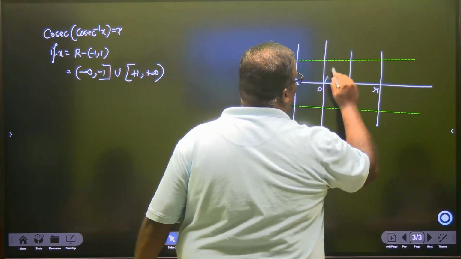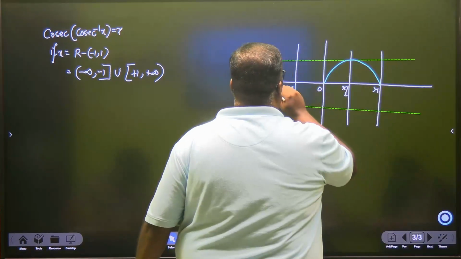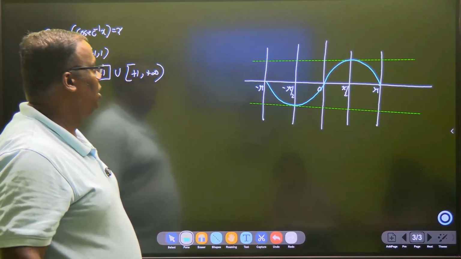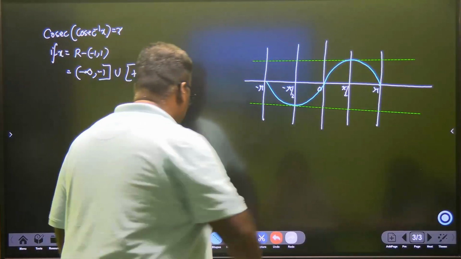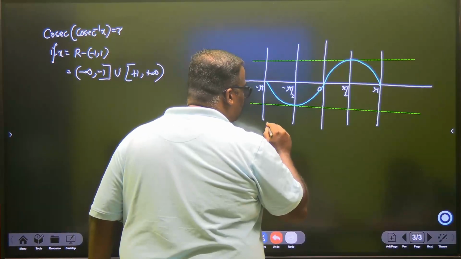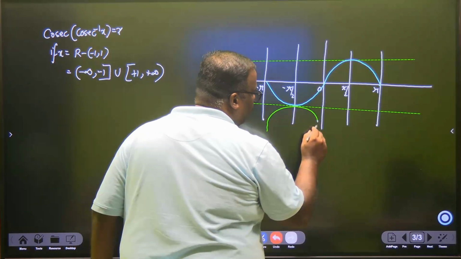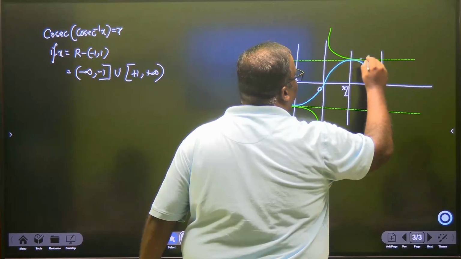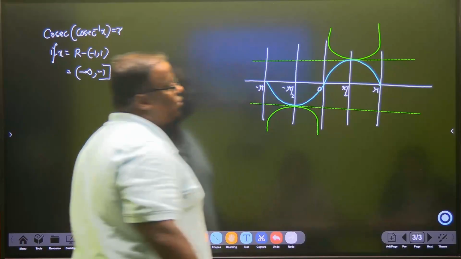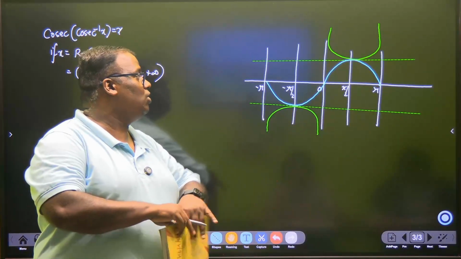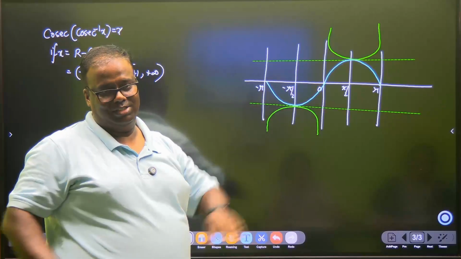Sine 0, 0. This is the sine function. Now, how will the cosec function be? The cosec function will not touch. Cosec touches 1, but does not come in the region between 1 and -1. Got it?